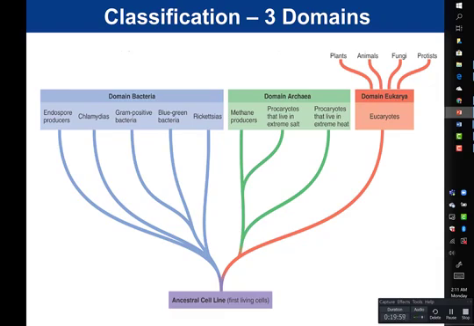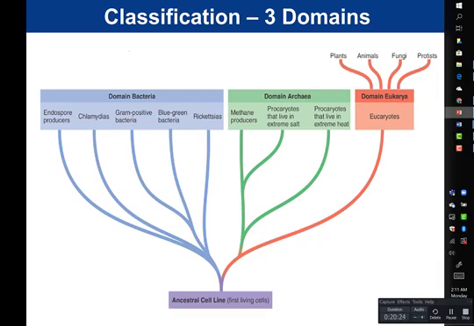So if we look at domain bacteria, we have our endospore producing bacteria, Bacillus, Clostridium, etc. We'll learn a lot about endospores. We have our chlamydias, which have to grow within cells. We have gram-positive bacteria, like, for example, Streptococcus pyogenes, which causes strep throat.